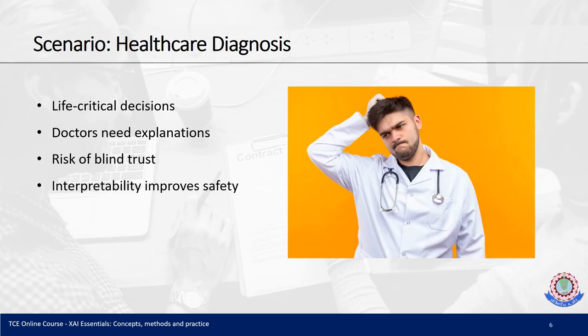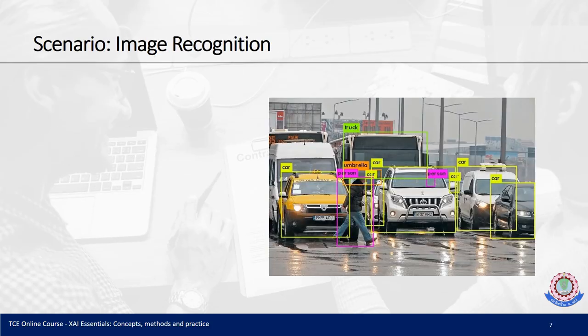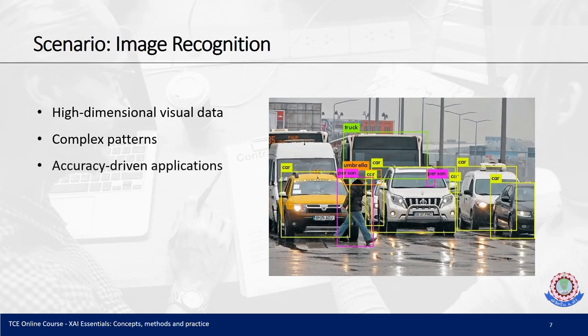Am I right? Now let's switch to image recognition. Suppose we are building a system to identify objects in images. Images contain thousands of pixels and complex spatial patterns. Simple interpretable models cannot handle this complexity.